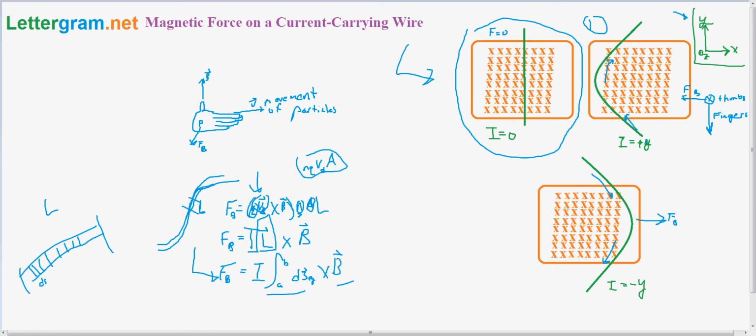The direction, if it's going at an angle, for example, we have a magnetic field going straight up at 90 degrees to the ground, and we have a wire going like this. That is when you need to use that, because you need the angle right here, or right here. You need that angle to actually solve the problem, which will then get you this cross product, which is sine theta times I times length times magnetic field.